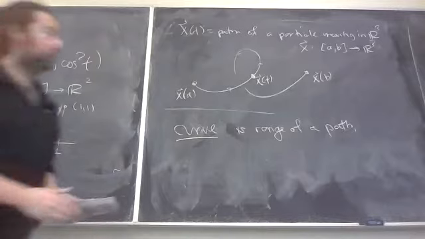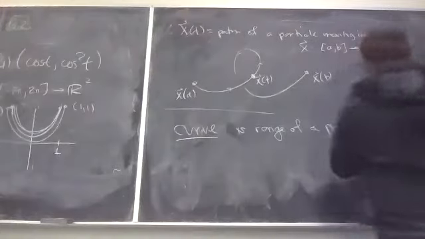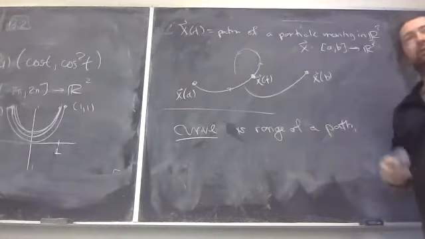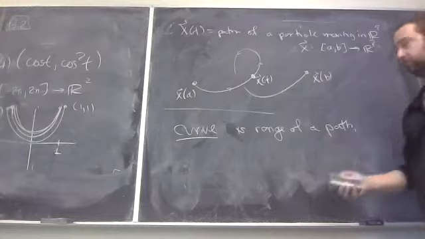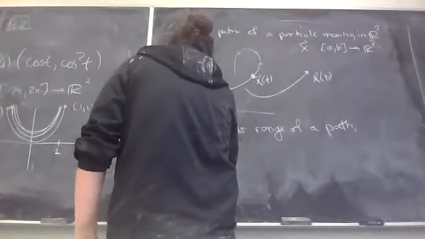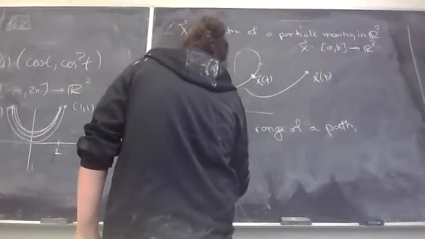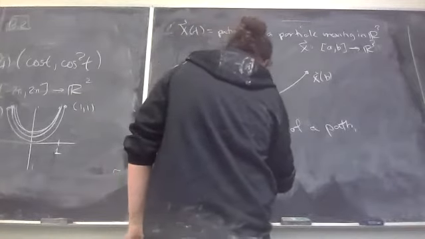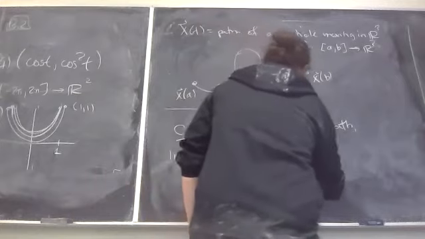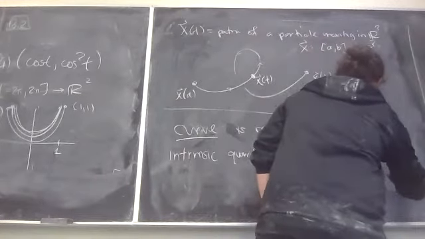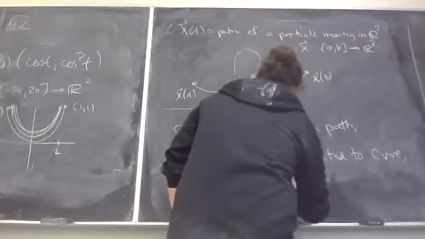Okay, so quantities that are related to the curve, but not the motion of the particle, are called intrinsic qualities. So an intrinsic quantity is related to the curve, not the path.